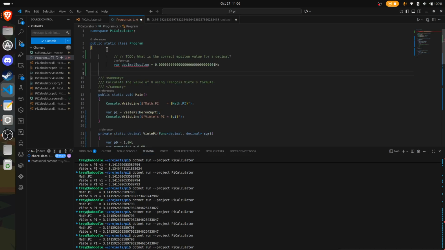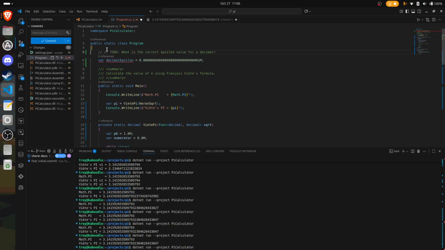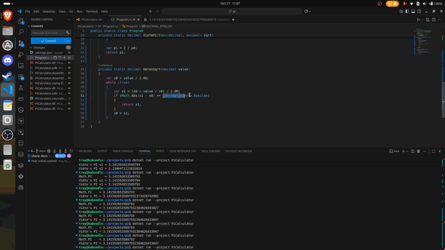Try one more thing. Theoretically, using this value here should give us a better convergence at the square root level.